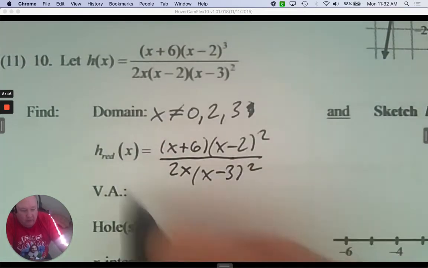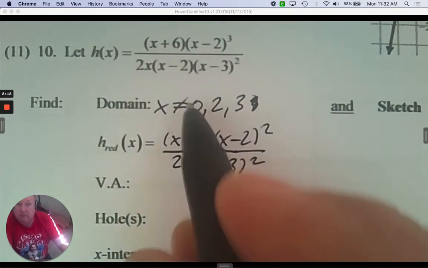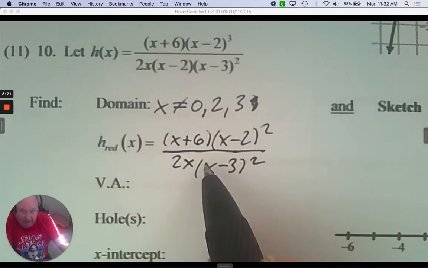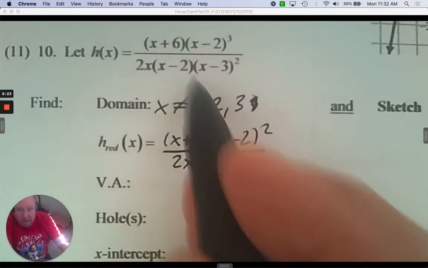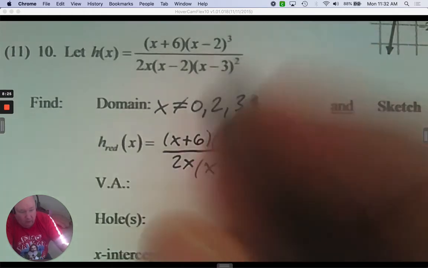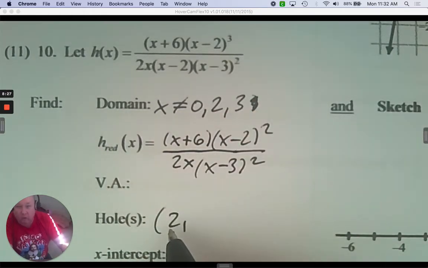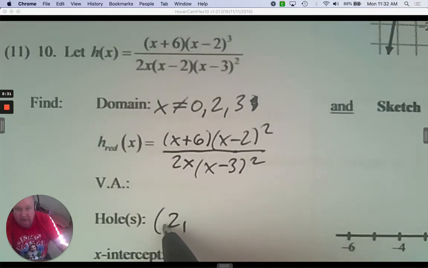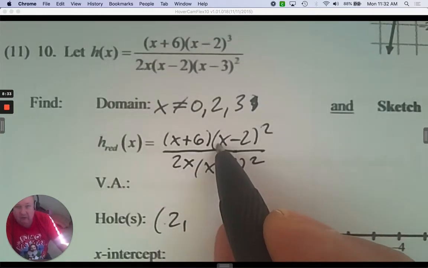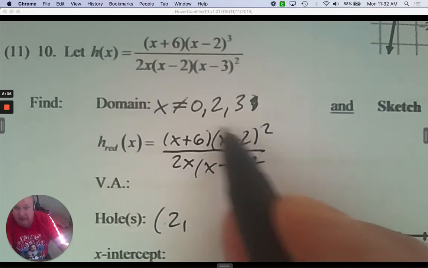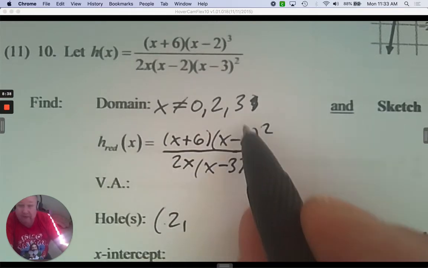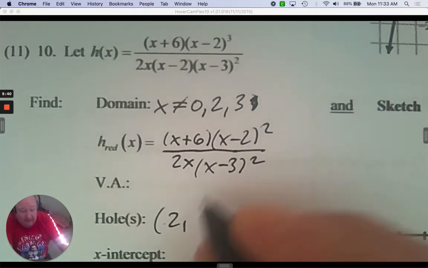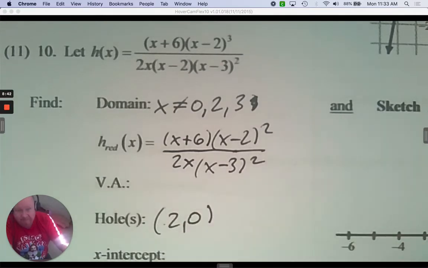I want you to notice that we have removed a factor in the denominator, and so the restriction that's connected to it creates a hole. So we have a hole at positive 2 that got removed. If you plug positive 2 back into the function, 2 subtract 2 is 0, times 0, divided by whatever. 0 times anything divided by anything, this answer is going to be 0.